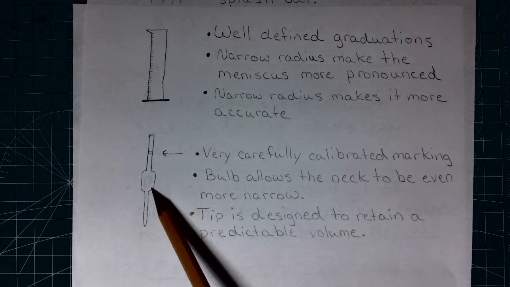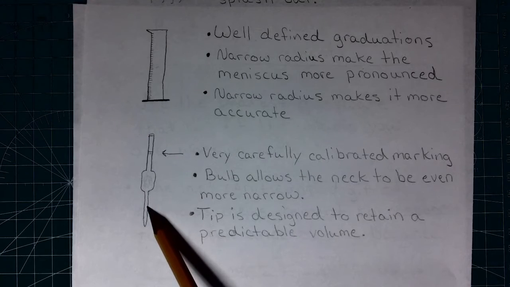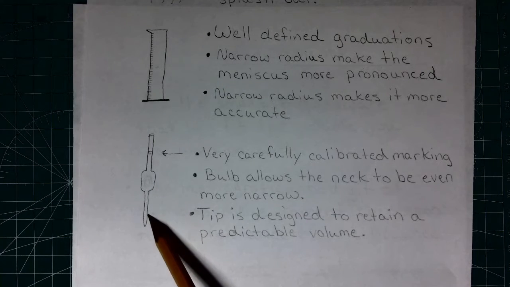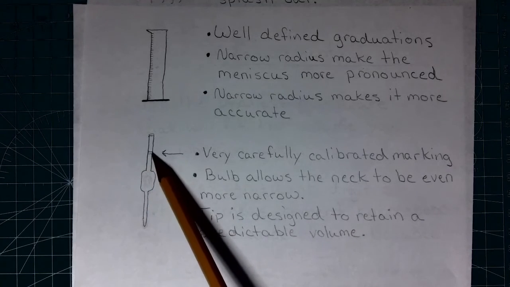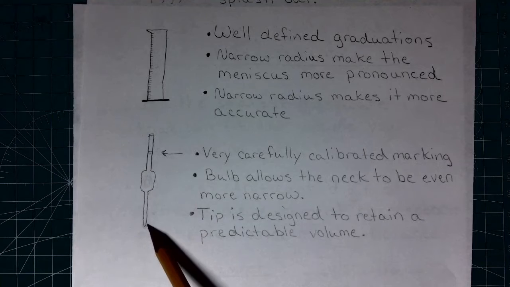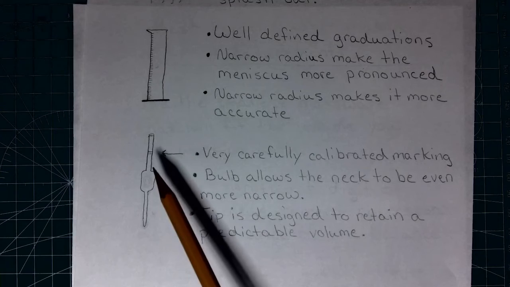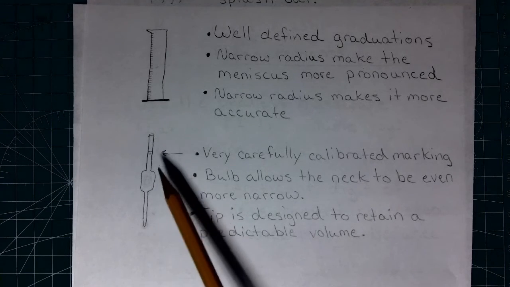It's going to wick down very slowly, which is going to allow time for all the little droplets to coalesce and come down. You're not going to see a lot clinging to the inside here. And then when it gets down here, there's going to be a predictable volume that always remains in the tip here. And so the manufacturer is going to set this mark to allow for this little bit to be left down in here and to deliver the amount that it's supposed to while actually holding a little bit more.